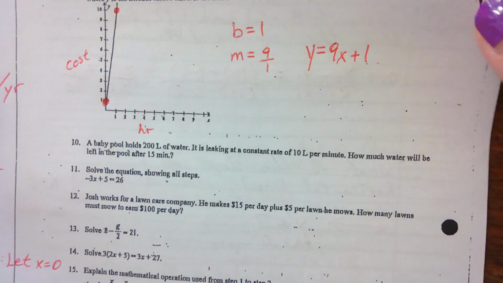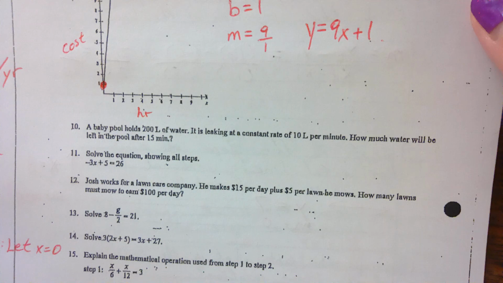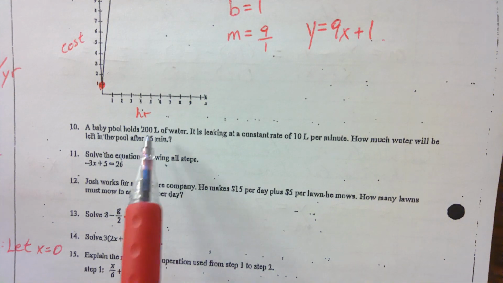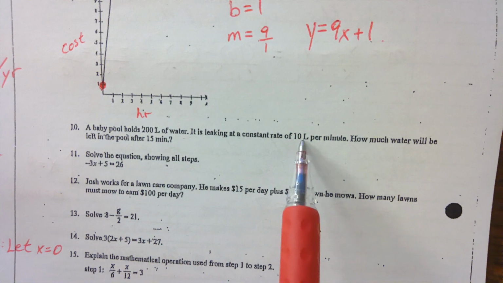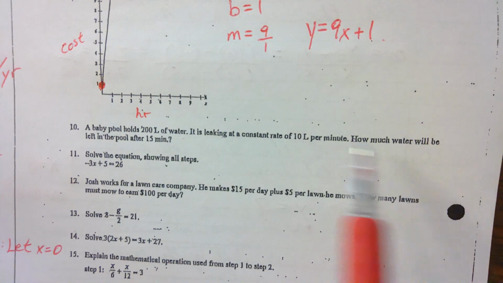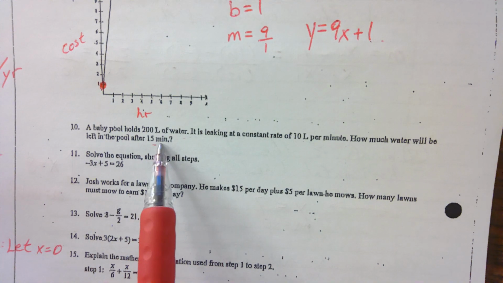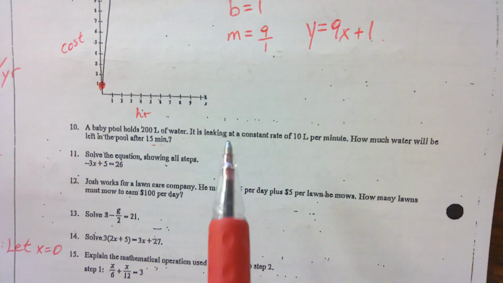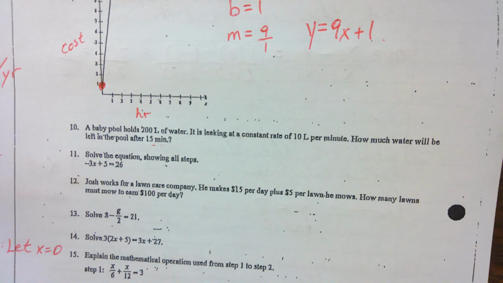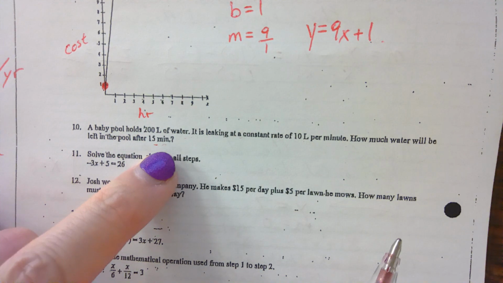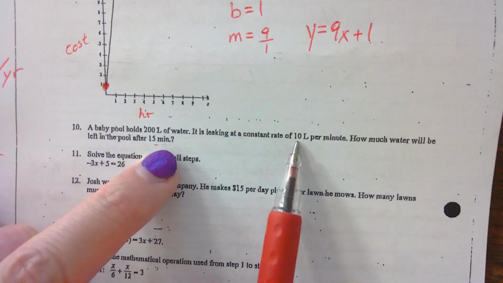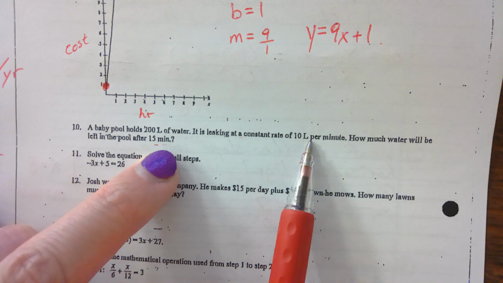Alright. A baby pool holds 200 liters of water. It's leaking at a rate of 10 liters per minute. How much water will be left in the pool after 15 minutes? I think you saw this question in your last test. This is your rate of change, 10 liters per minute.